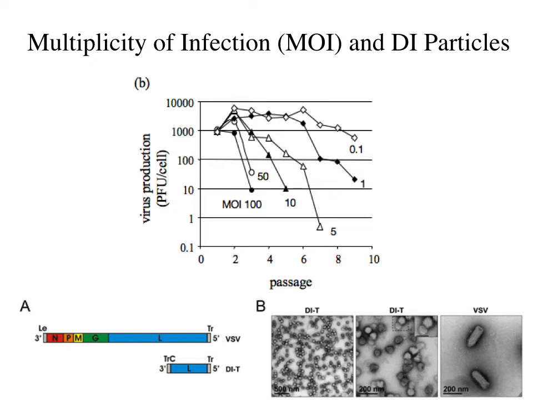You can see that in the graph. As the MOI increases, the replication of virus is increasingly inhibited. In the figures at the bottom, you can see the structure of VSV and a DI particle of VSV genomic RNAs at the right, and EMs of the normal and DI virions on the left.